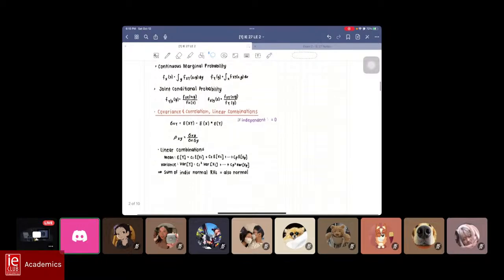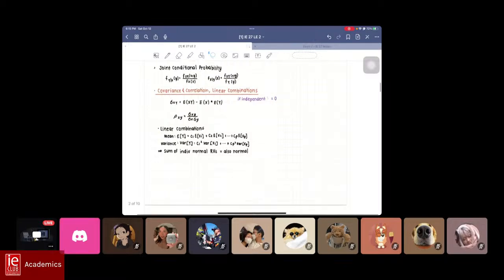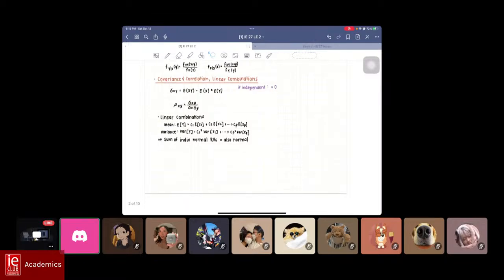And then last na, for covariance and correlation, you just have these formulas. And then if it's independent, since your EX times EY is equal to EXY, it would always be 0 if your X and Y are independent. And then for linear combinations naman, this is the formula lang for the mean and variance of a linear combination. And then the sum of individual normal RVs is also normal.